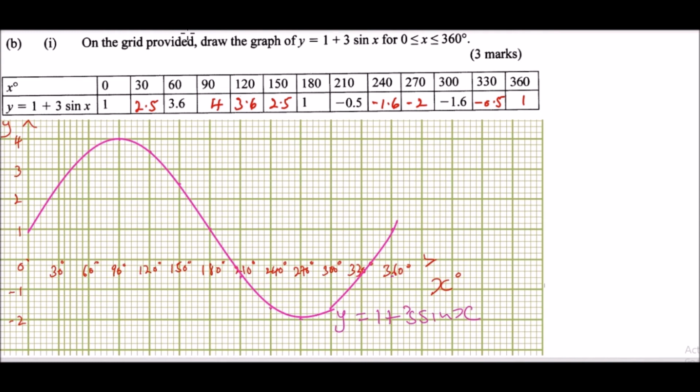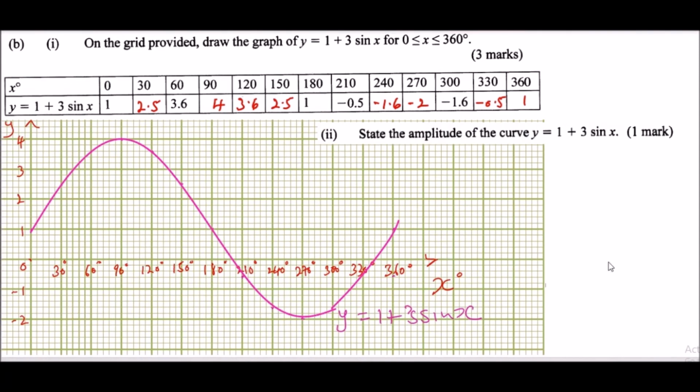So let's have a look at what we are supposed to do in part B, Roman number 2. We are told to state the amplitude of the curve y is equals to 1 plus 3 sine x. So if you look at the curve here, it starts from 1, ends at 180 at -1, and it repeats itself at 360.